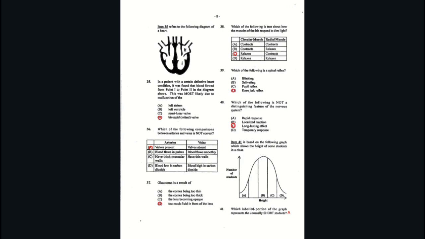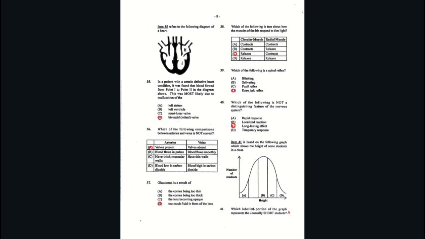So the answer is going to be C: circular muscle relaxes and then radial muscle contracts. Number 39. Which of the following is a spinal reflex? The answer is going to be D, the knee jerk reflex.